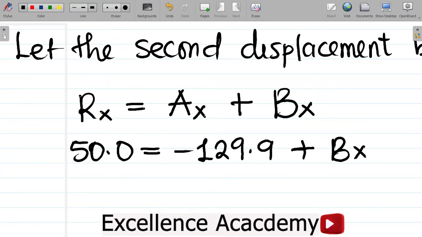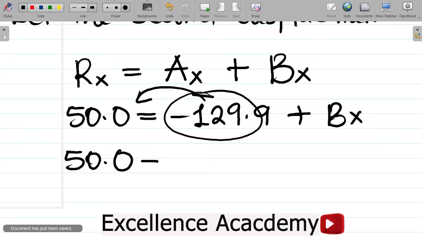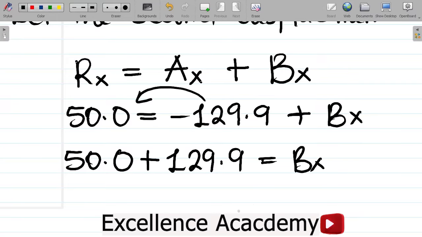With this, now we can get the horizontal component of the second displacement. Moving this over, 50.0 minus the value, which is negative, becomes positive. So plus 129.9 is equal to Bx.